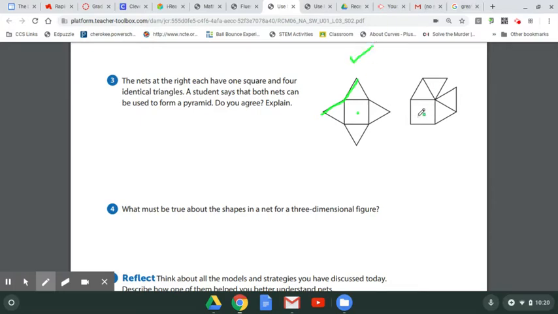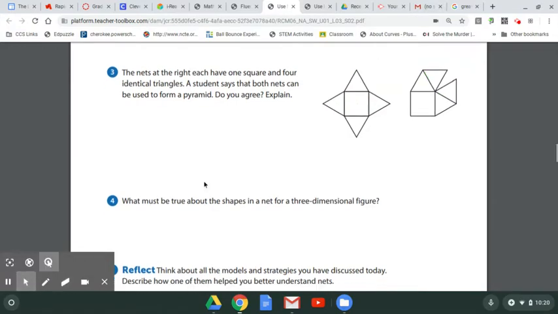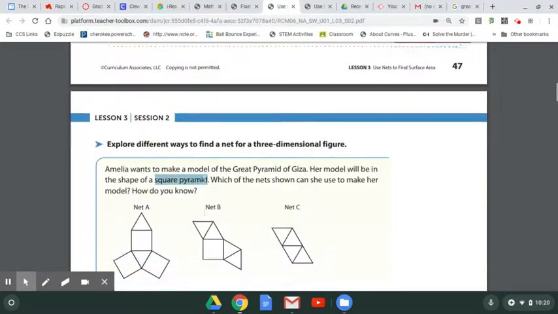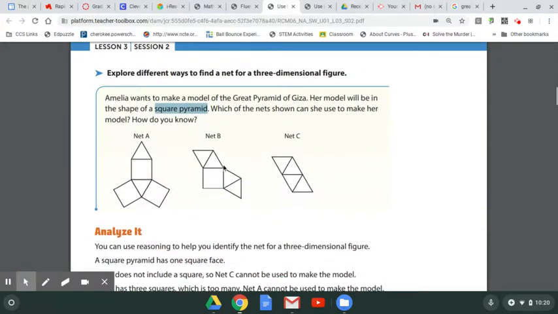Now, this one here, once you fold these two up and these meet, these are kind of just flappy things that have nowhere to go. But you certainly can make a pyramid with two of them together because, as you saw in the beginning, this one did have them together, but instead of having them over here like this, they're over here.